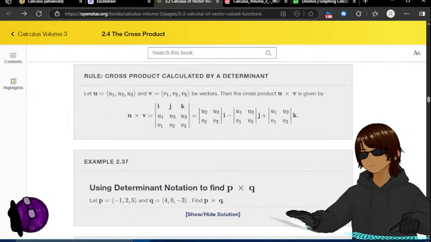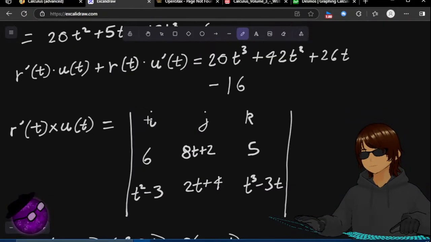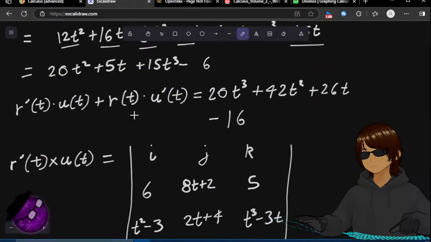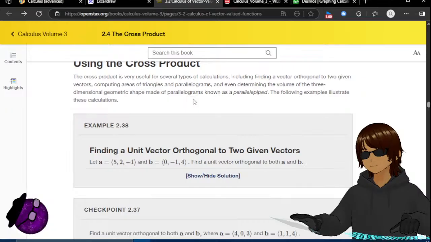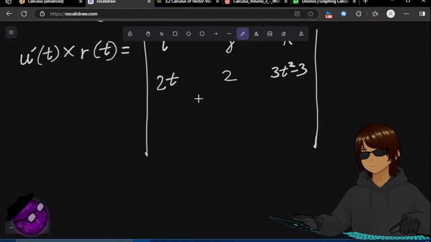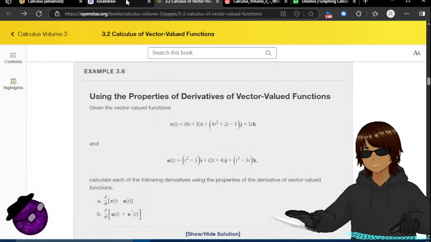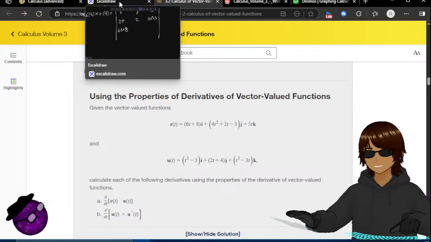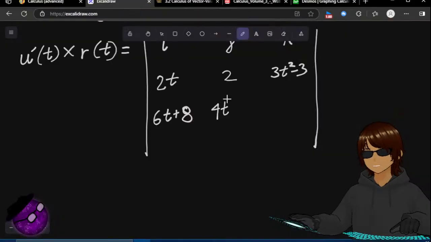Oh, I'm in the wrong chapter. Six t plus 8, 6t plus 8, 4t square plus 2t minus 3, 4t square plus 2t minus 3.